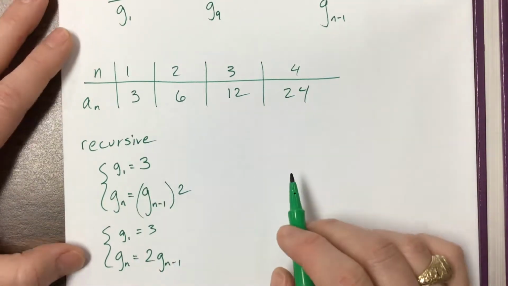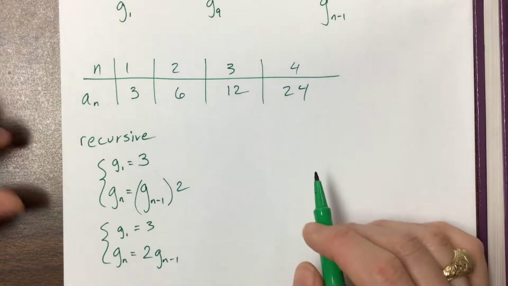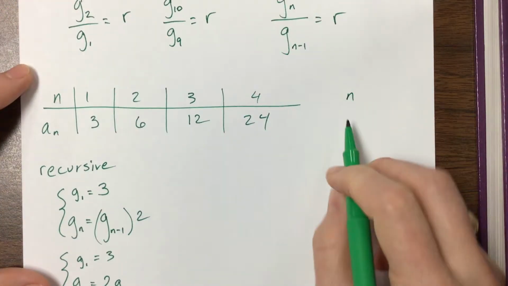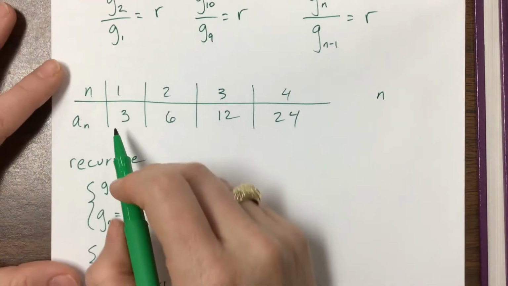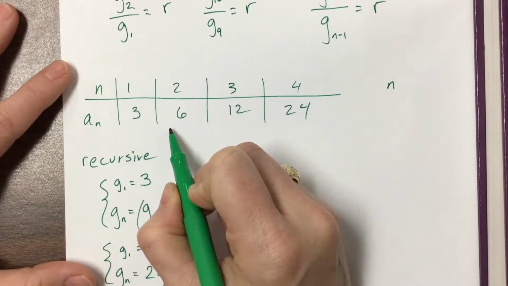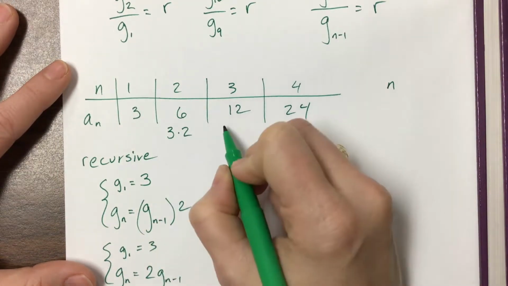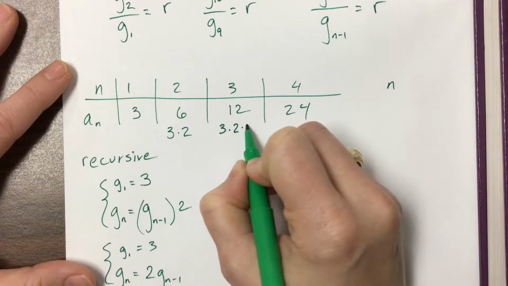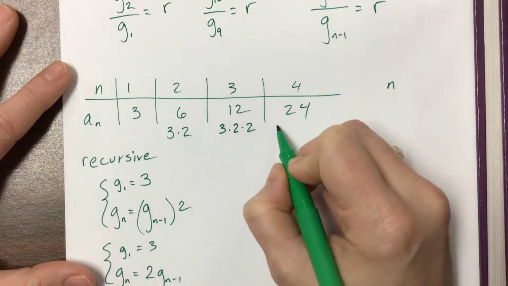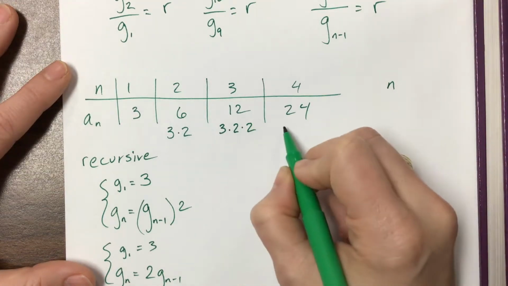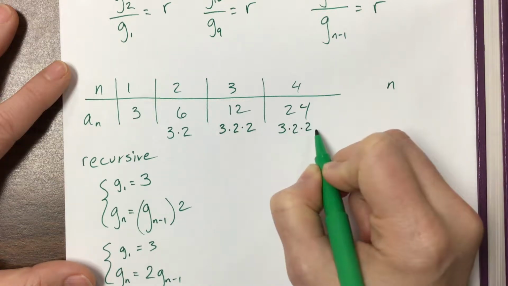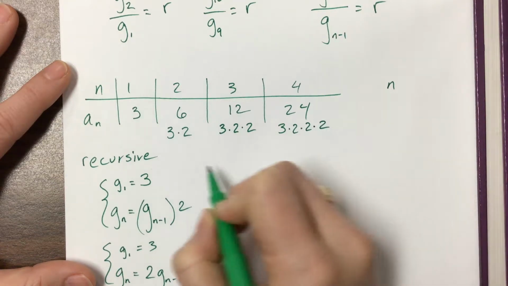So let's now think through what's happening so we can come up with an explicit formula, because our explicit formula would be for the nth term. Notice this would be 3 times 2. This takes that, 3 times 2, and multiplies it by another 2, because 4 times 3 is 12. This takes what we had previously and multiplies it by another 2.